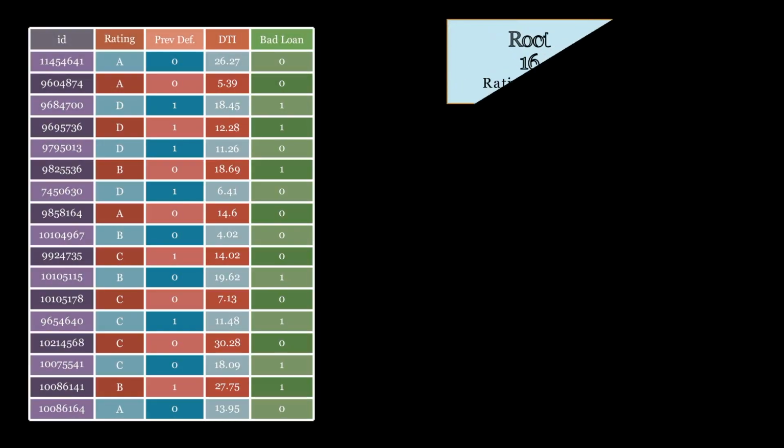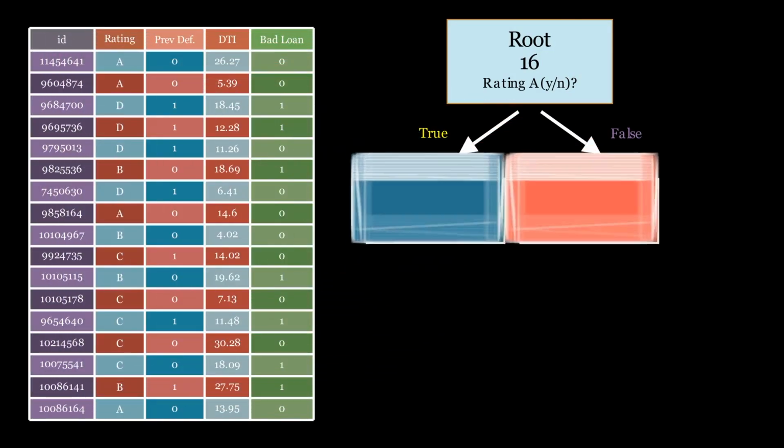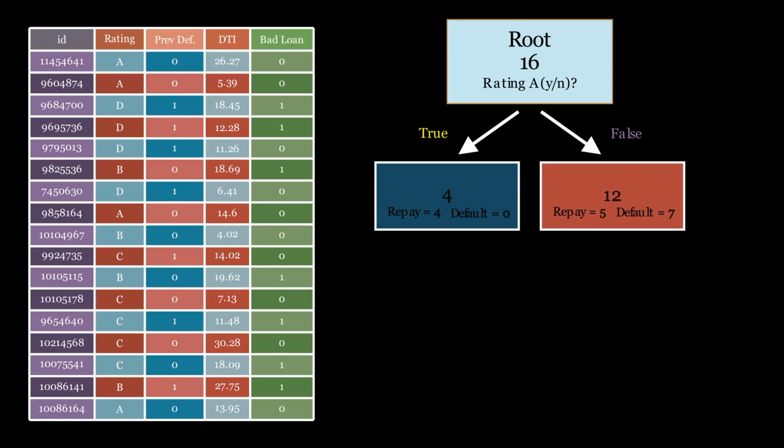Let's split by the top credit rating, which is an A. All the A's will go on the left path and the lower rated borrowers will go on the right. There are 4 records that have the top credit rating and none of them are defaulters. Of the remaining 12, 5 repay their loan but 7 do not. Let's look at the Gini impurity of both branch nodes in this case.